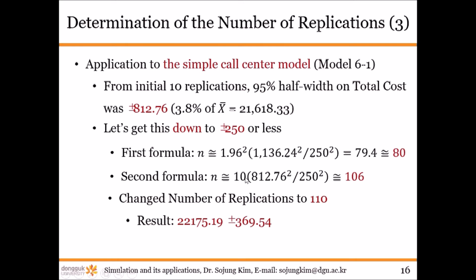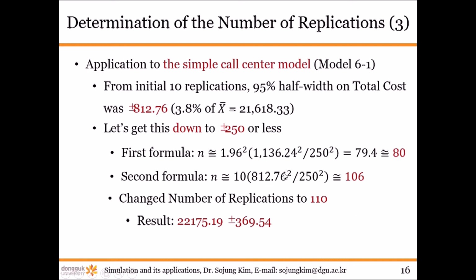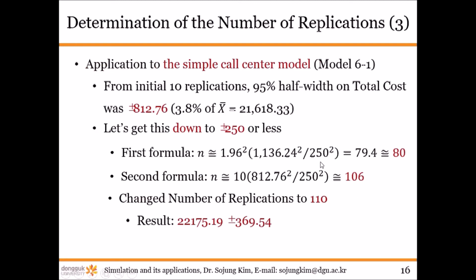Of course, this is n0, so initially we made 10 replications, that's why you put 10 here, and this is a z-score, given by this equation. And then h0, and then hs, so this is s, this is h.